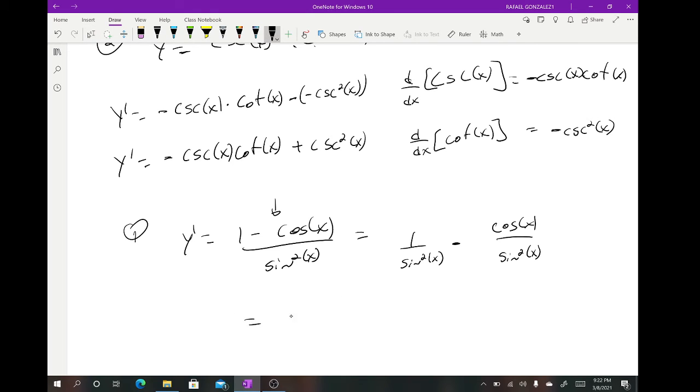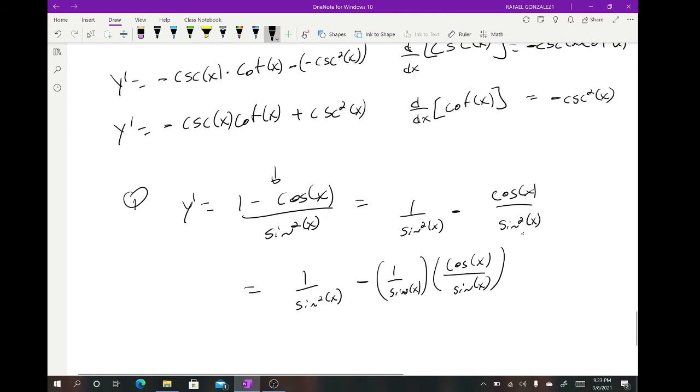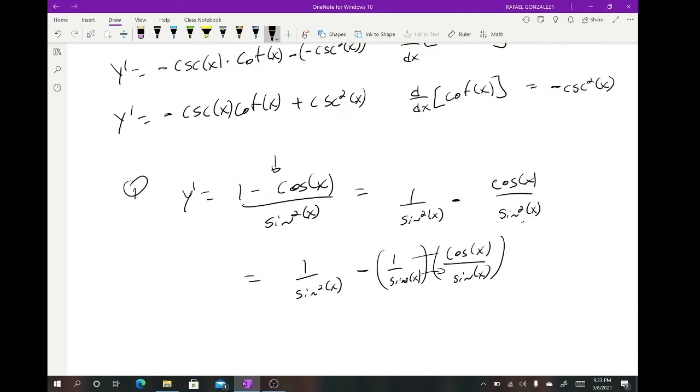We could actually break it up a little bit more, because it's 1 over sine square x, and then I could say minus 1 over sine of x, times cosine of x over sine of x. This is perfectly fine. I'm just multiplying across, so I'm going to get back the same thing.